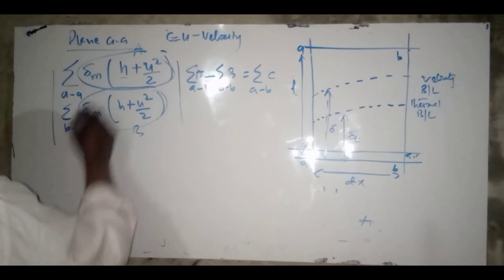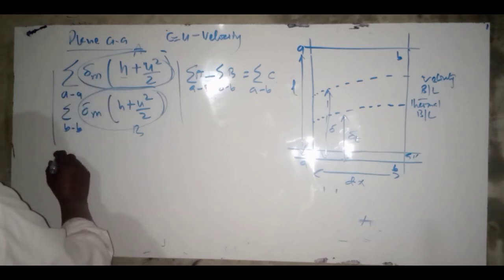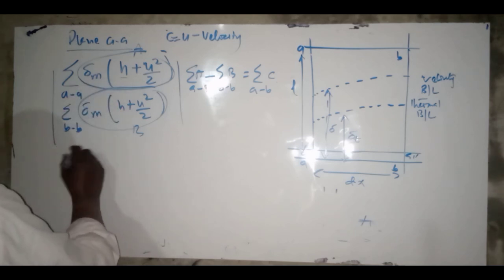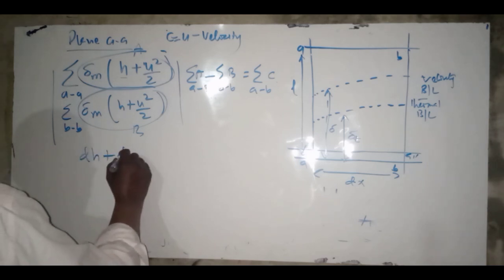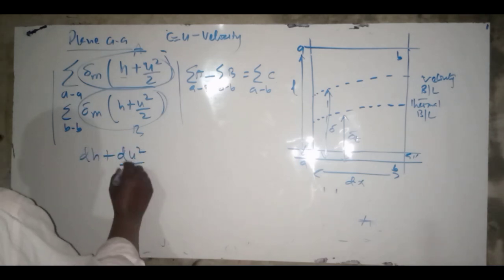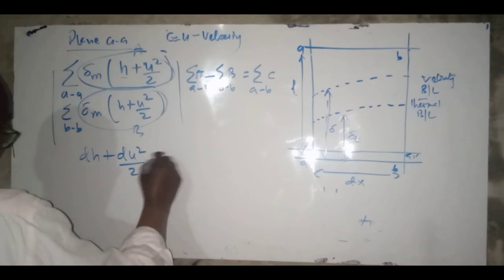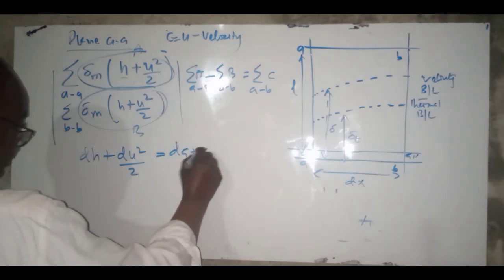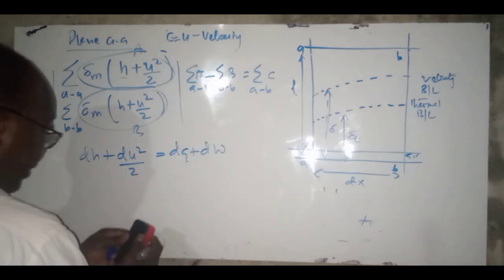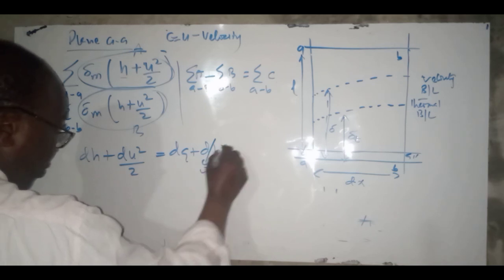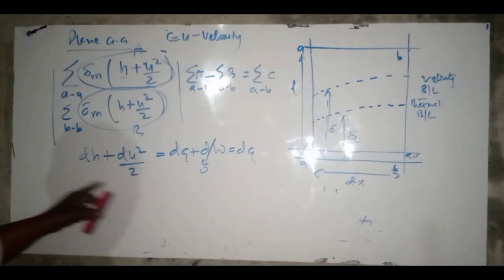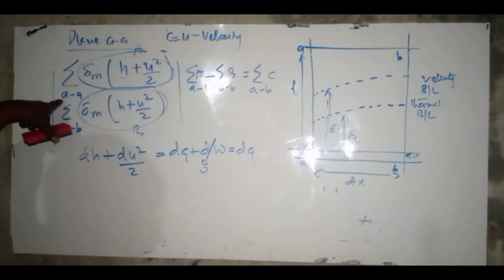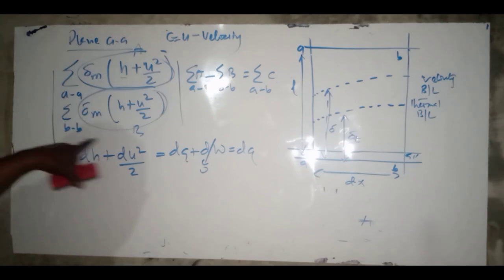So for AA, remember, we have our parent equation, that is dH plus du squared over 2 equals dq plus dw, which we have already said is 0. So this is dq.